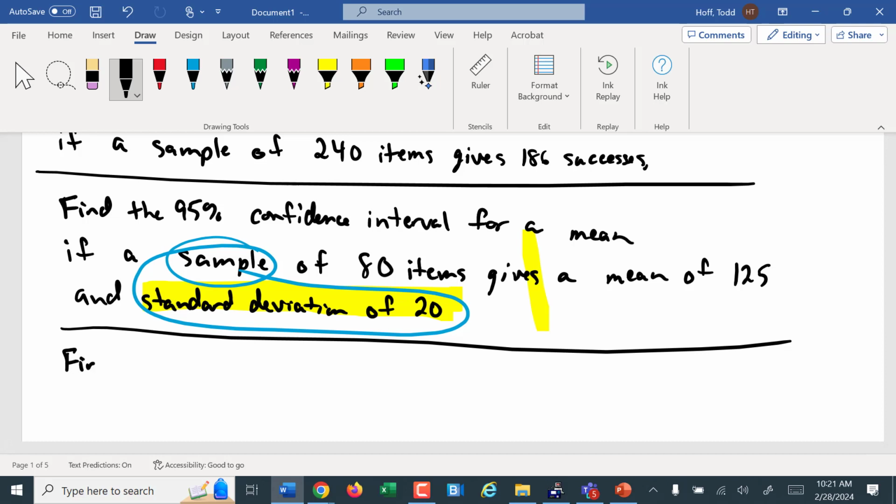Let's find the 98% confidence interval for a mean.